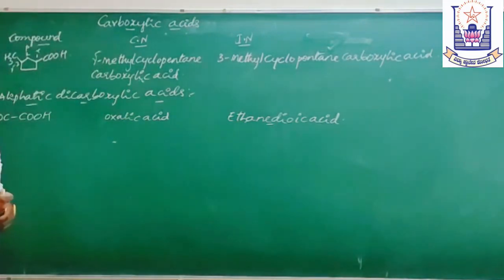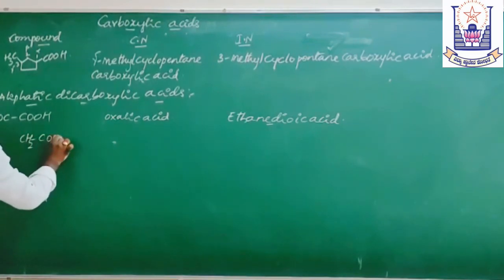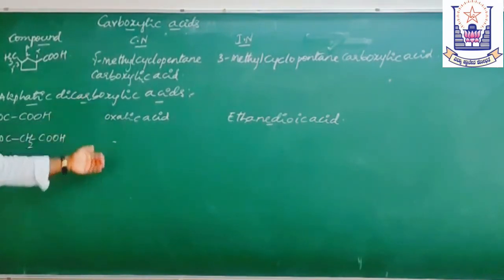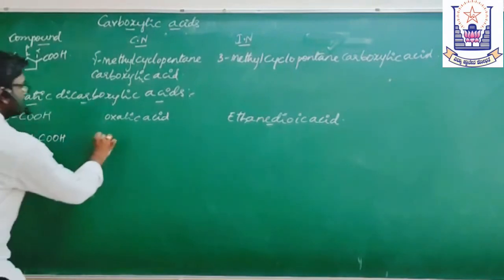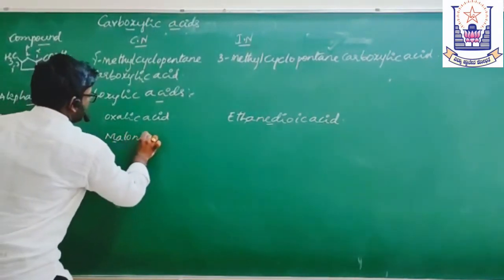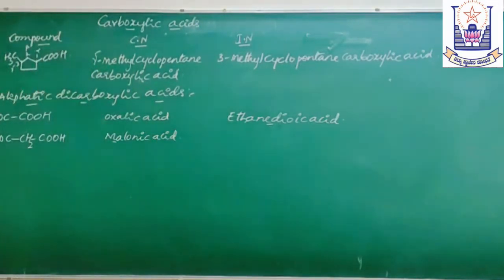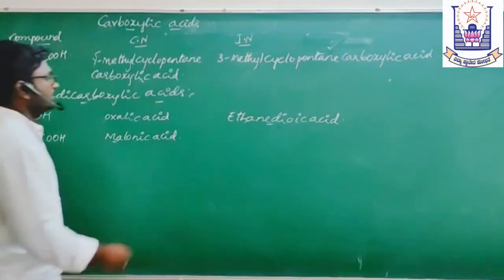Okay. Come to the next member, or homologous series of this compound. Homologous series means differing by a CH2 group. Now it is malonic acid. In the common system, it is called malonic acid. Now, what is the IUPAC name? 3 carbon atoms are there, no? Propane dioic acid.